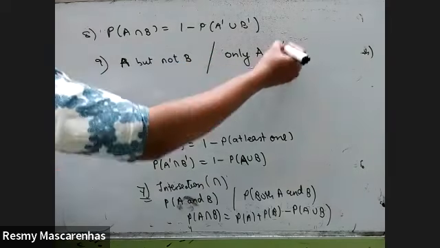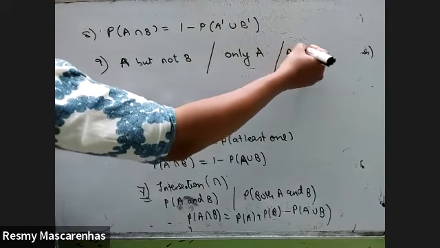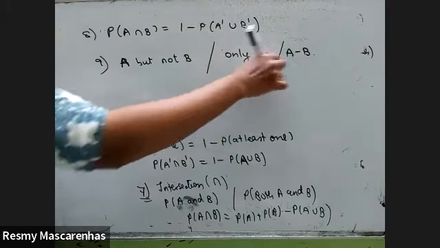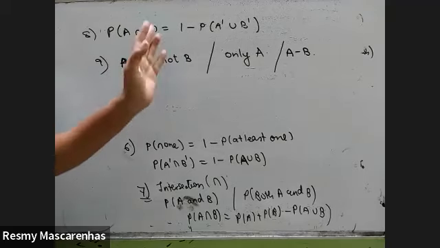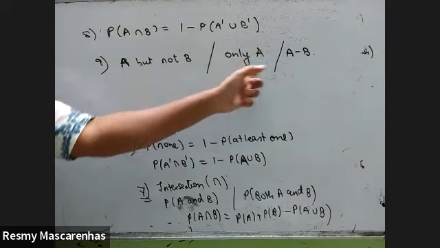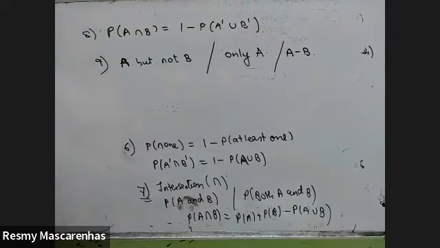This also means probability of A minus B. All these three mean the same. I don't want B in this. It's like A and B are two friends, so you have to discard friend B from A everywhere.